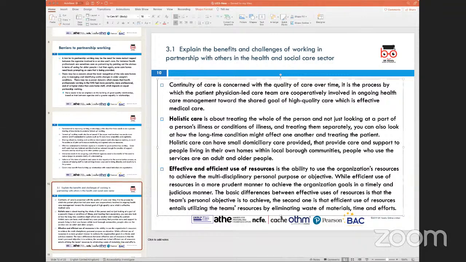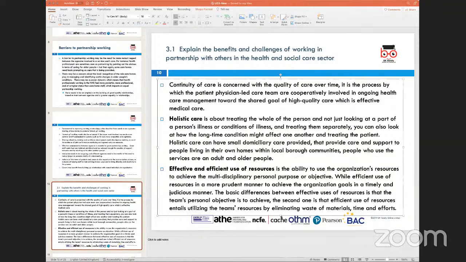Now, when I say holistic care, comprehensive care, or integrated care, it all means the same. There is a regulation, and a clear policy and guideline within the National Health Service, which talks about the integrated care plan. So comprehensive care plan, integrated care plan, or holistic care is basically the same.